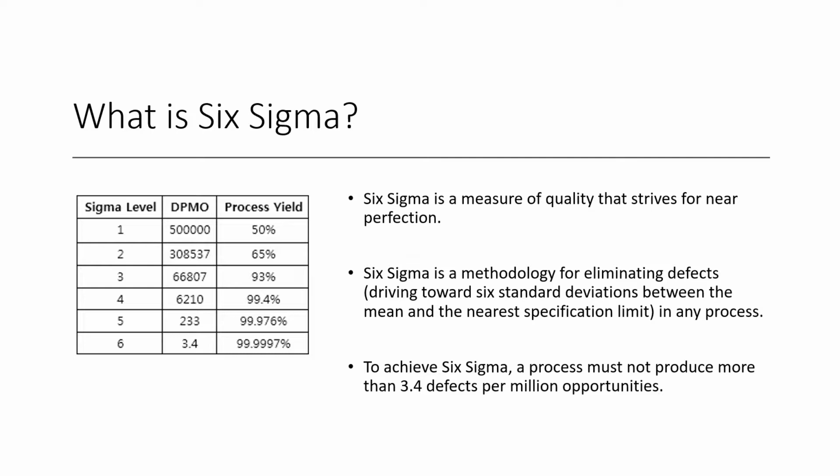In other words, for every million times you do some type of process, whatever that may be, the number of defects you have per million is your Sigma level. That little chart there on the left shows you examples of 1 through 6 Sigma, and of course you're always trying to strive for that 6 Sigma, which means your process yield is much higher.